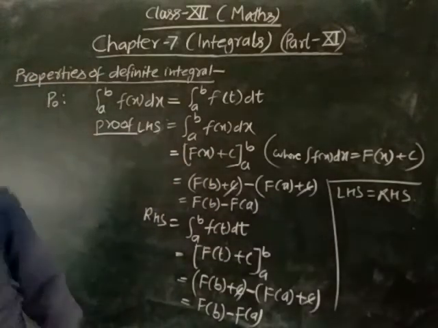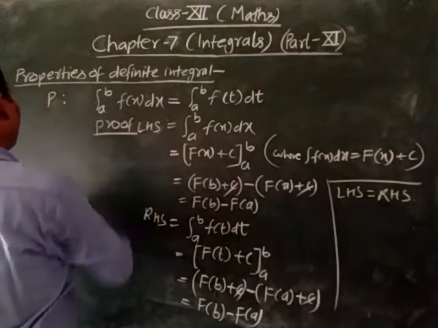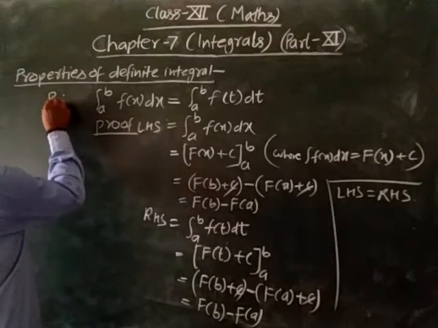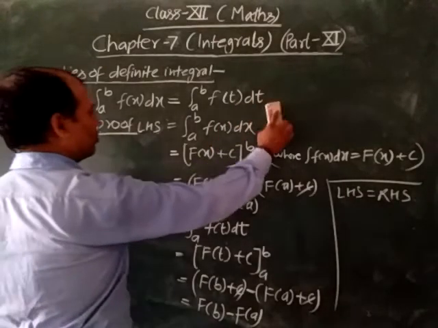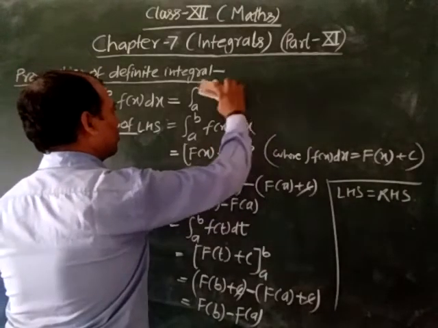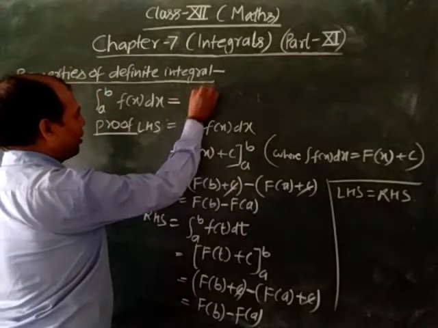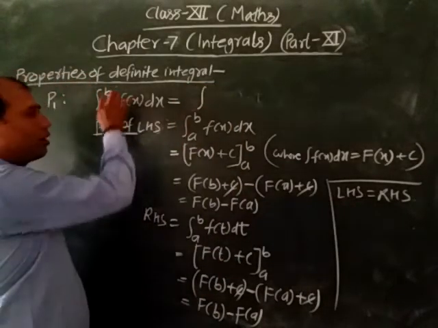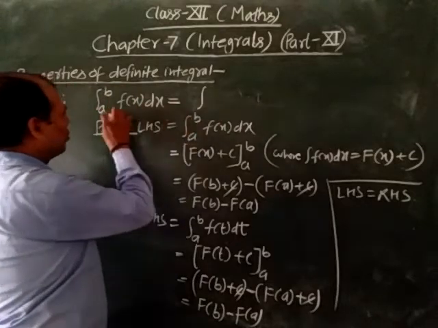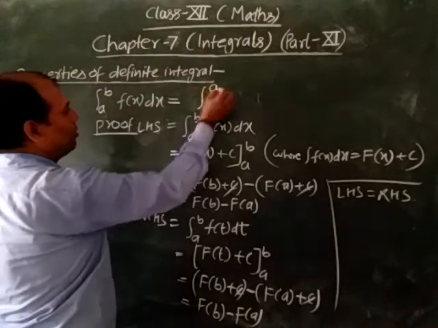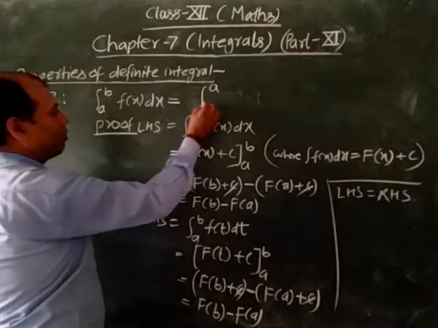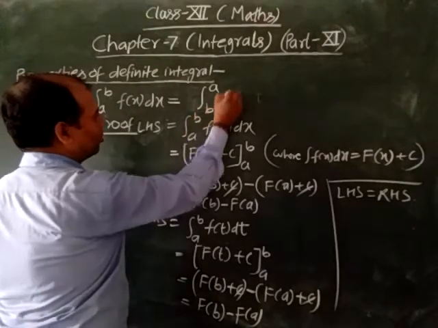Now the next property is property P1. In this property, we interchange the limits of the definite integral, meaning the lower limit is written as upper limit and the upper limit is written in place of the lower limit.